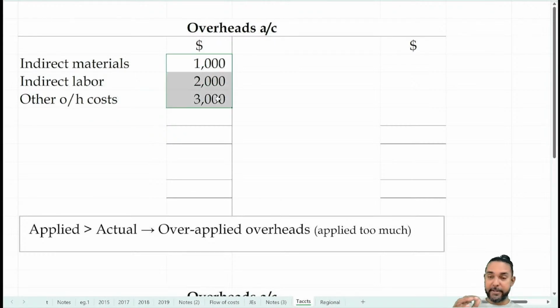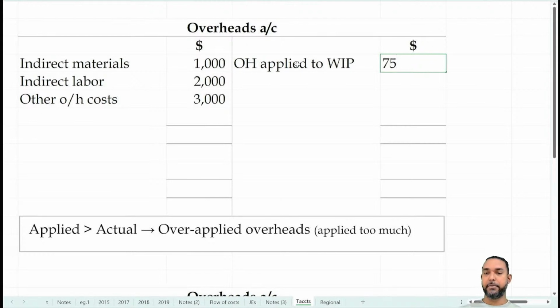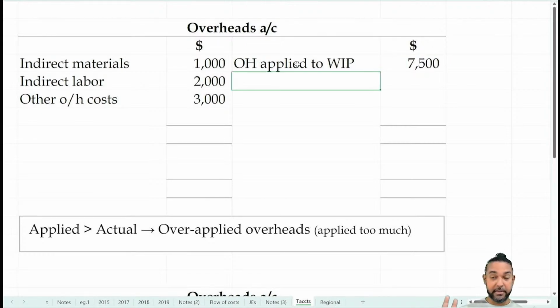Again, it's just made up for the sake of simplicity and expedience. There's no question I'm pulling from and no actual calculation going on that I'm not showing you. Let's say the overhead applied to work in process was 7,500, again a figure pulled out of thin air.